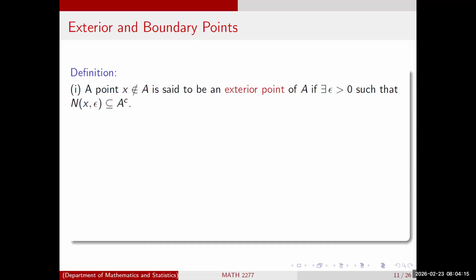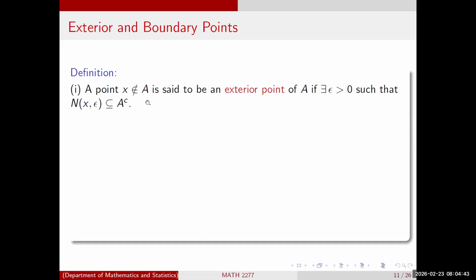If it looks like that definition is similar to that of an interior point, you will be exactly correct because an exterior point is just an interior point, but not of the set A. It's an interior point of A complement.